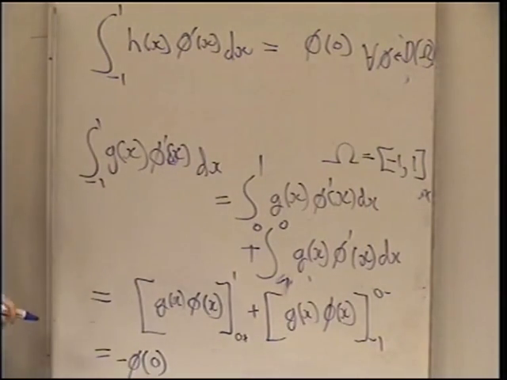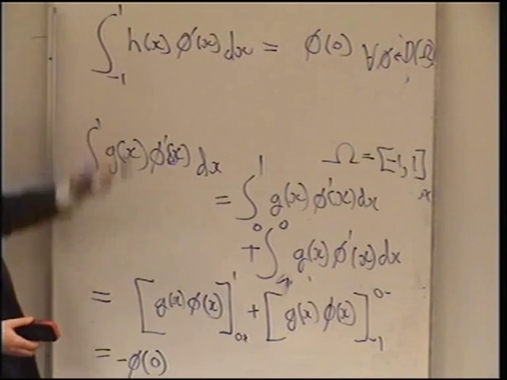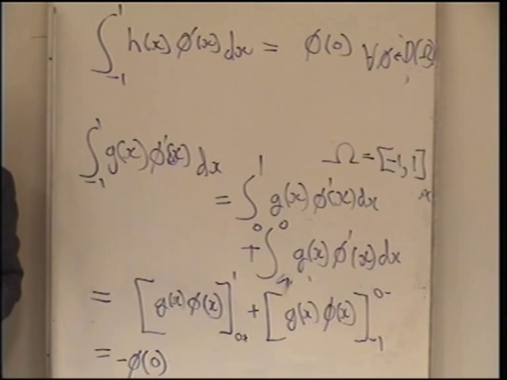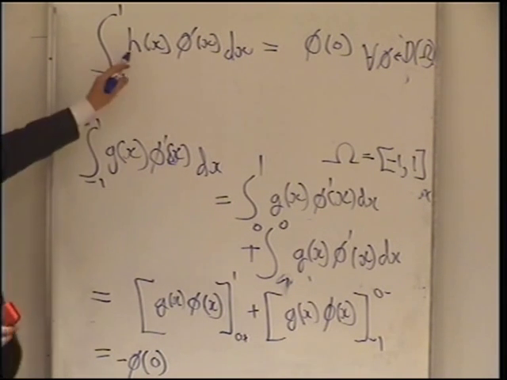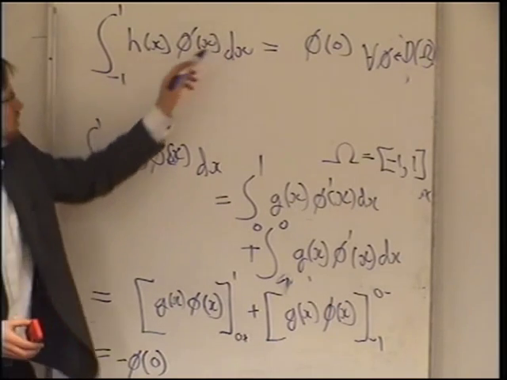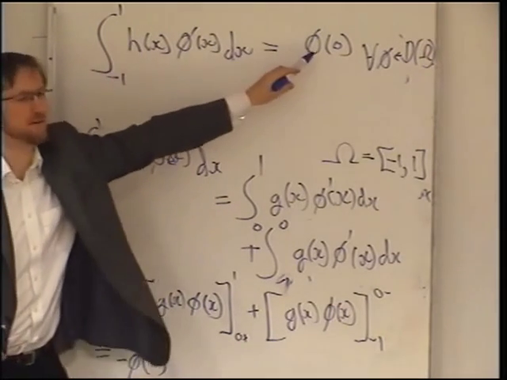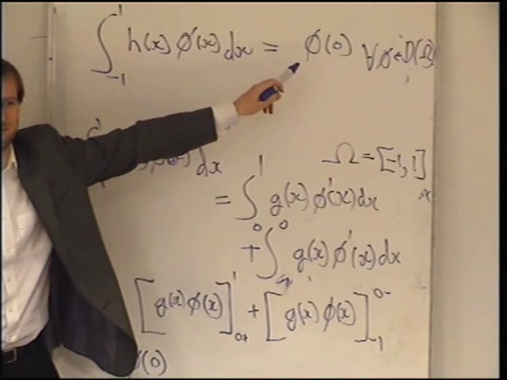This statement is complete bullshit. There is no function which satisfies this property. Right? And it's a really, really weird thing to have happen. Whatever I put in here, this function miraculously picks out its value at 0 when I integrate by it.